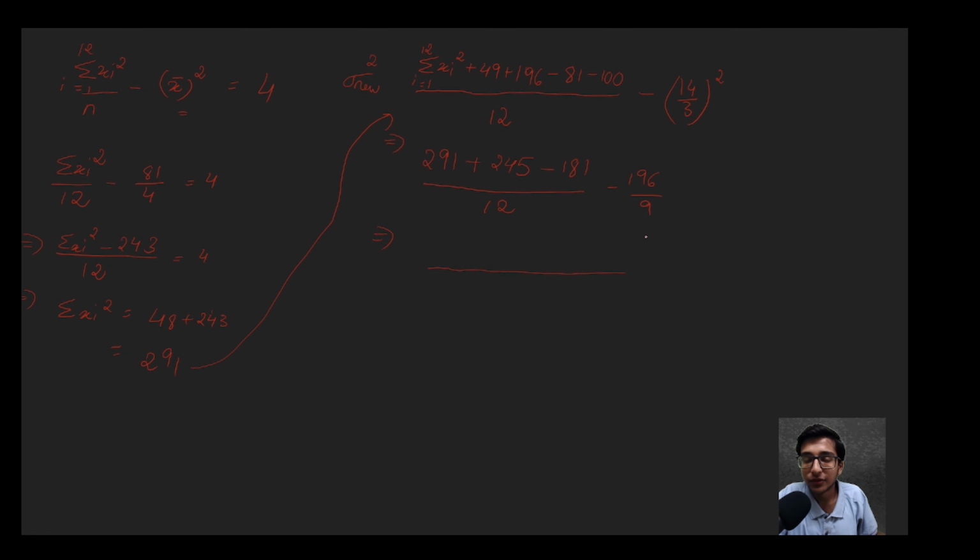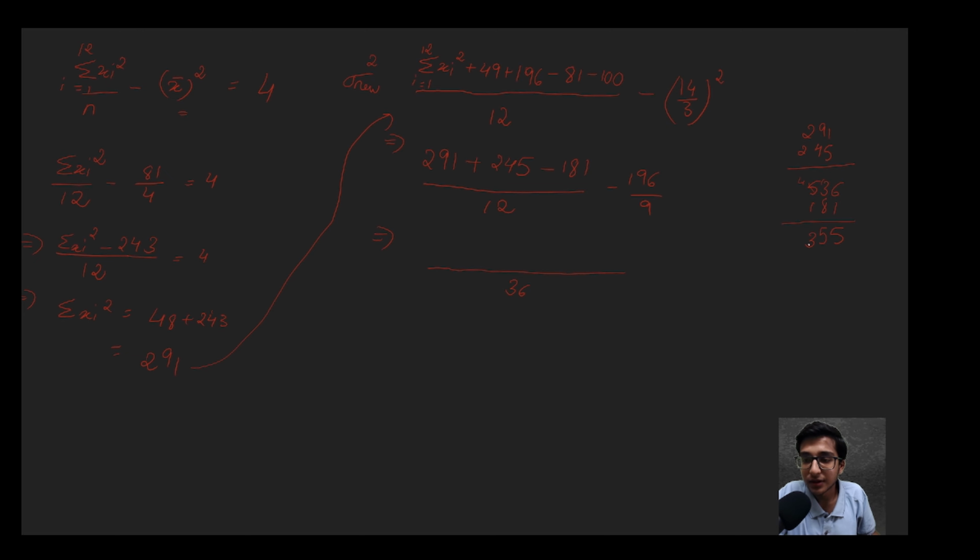The LCM of 12 and 9 would become 36. So let's first calculate this. 291 plus 245, this would give us 536, and then subtracting 181 from here, you would get 355.